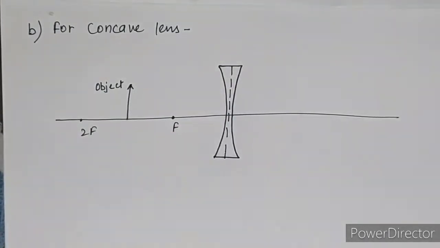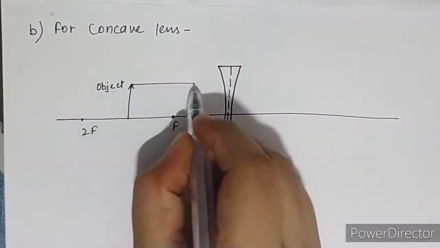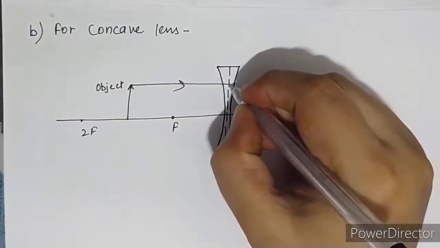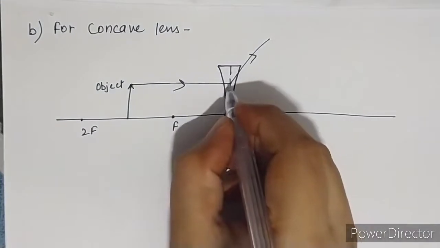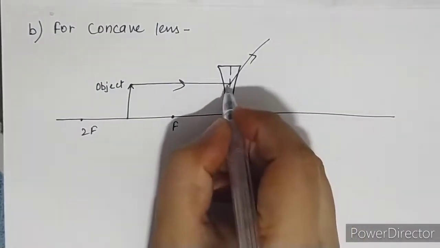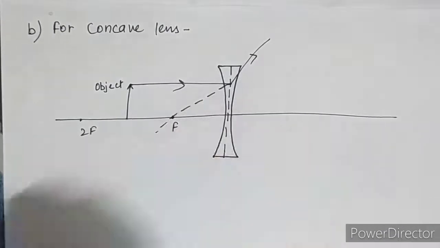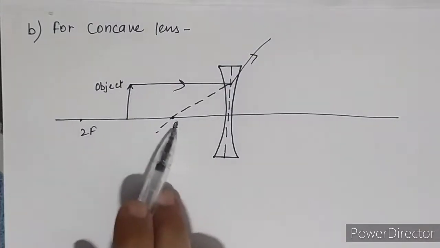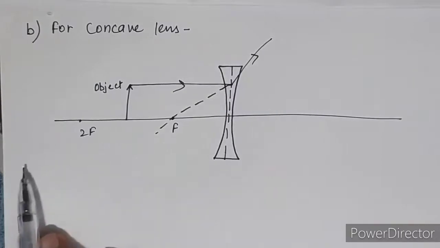Same, if the light rays are going parallel, this is a divergent lens, so it is diverged, and it passes through the focal length. Next, if it passes through the focal length, then again it will diverge and become parallel.